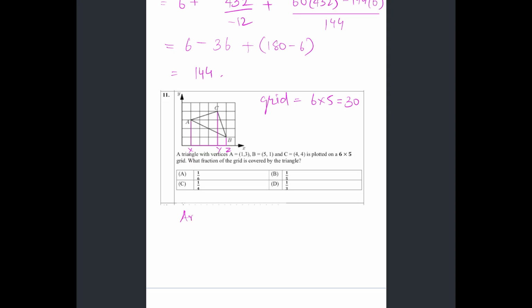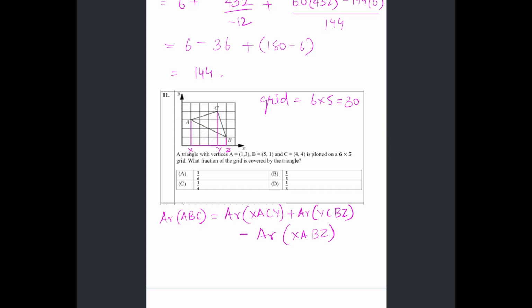We need area of triangle ABC, which is equal to area of trapezium XACY plus area of trapezium YCBZ minus area of trapezium XABZ, right? So it's basically this whole area plus this whole area minus this whole area, right?